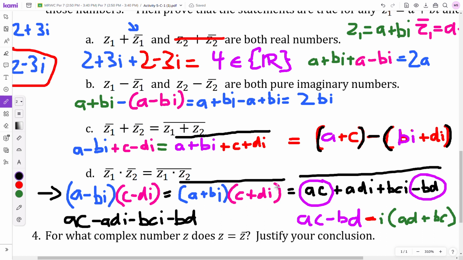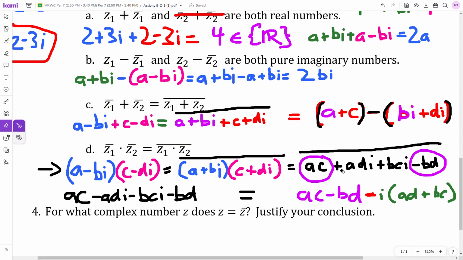And now let's compare this and see if this is equal to this. So we both have an AC, yep. We both have a minus BD, yep. We both have a minus ADI, yep. And we both have a minus BCI, yep. Those are the same, hooray. We proved the thing. And we did what they wanted.